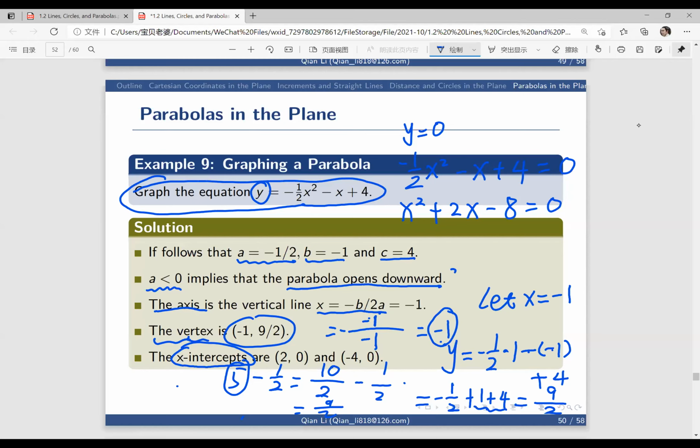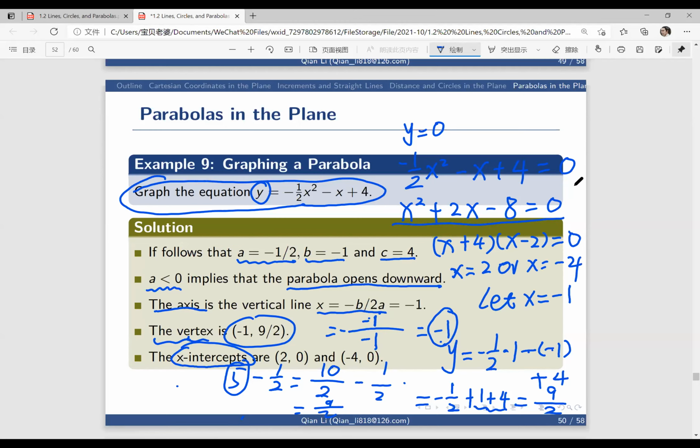Yes, and then for this equation, we can get x plus 4 multiplied by x minus 2 is equal to 0, right? So we can get x is equal to 2 or x is equal to minus 4.